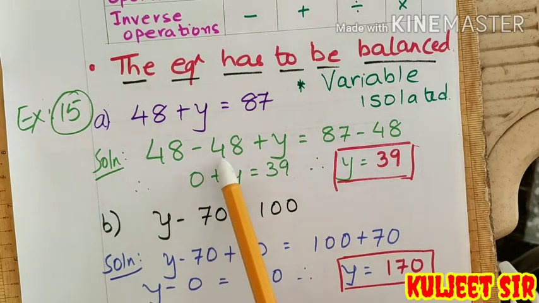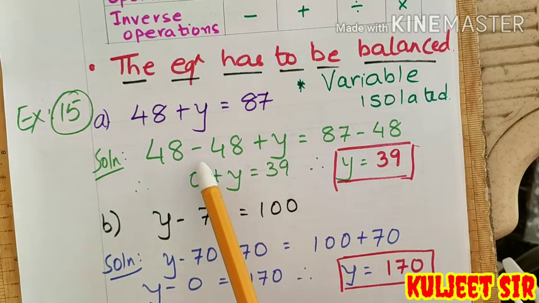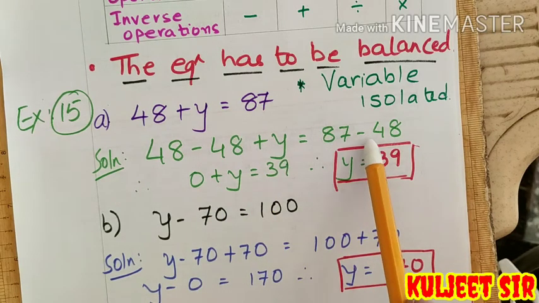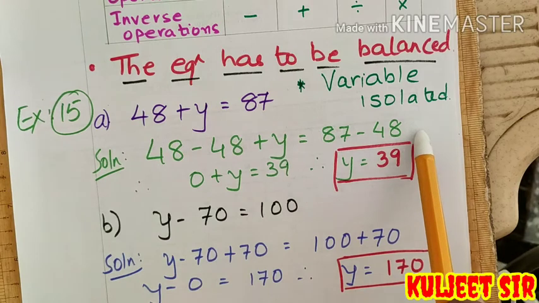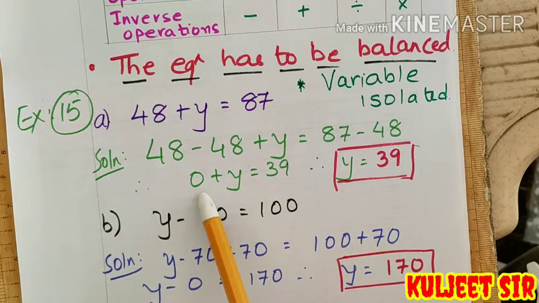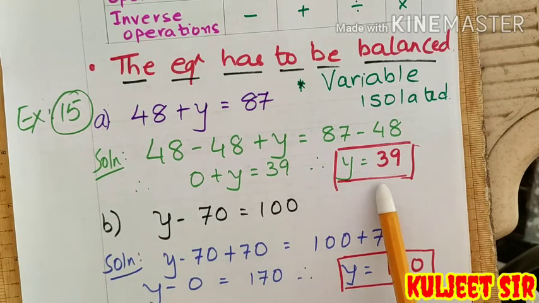So 48 minus 48, I get a 0 here. This is the y, and because I have used minus 48 over here, I will be using minus 48 also here. So it becomes 87 minus 48, and when I do 87 minus 48, I get 39. And now 0 plus y is y, so the value of y becomes 39.